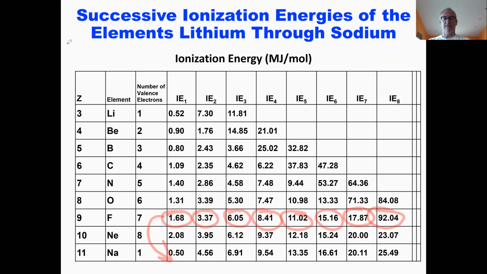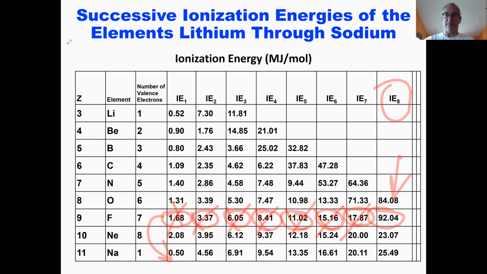What happened? So it steadily got more and more difficult, but it wasn't until we got to the 8th electron that we saw a big, like 500-600% jump. Why? Because fluorine has 1, 2, 3, 4, 5, 6, 7 valence electrons until you get to the core.